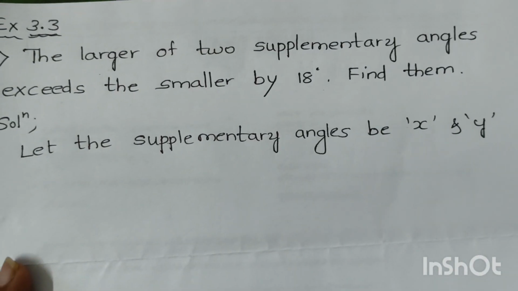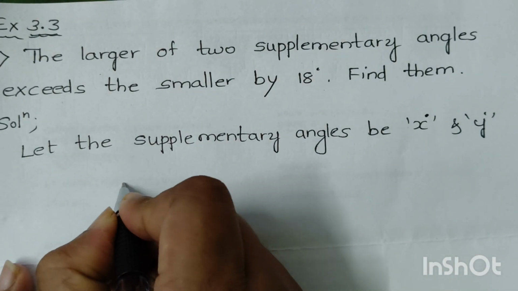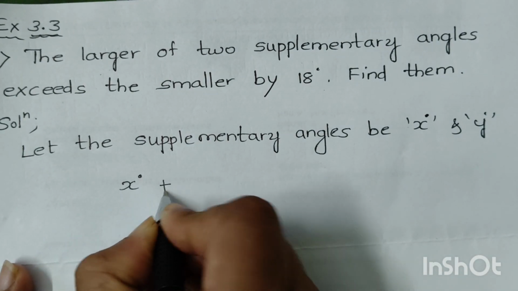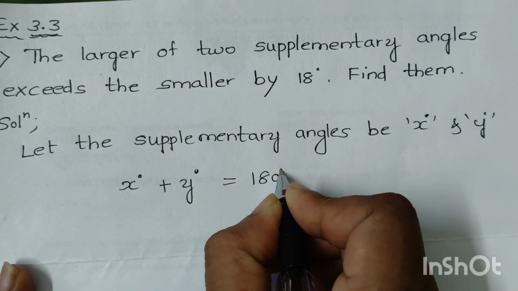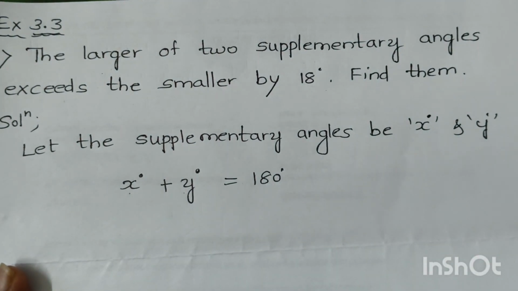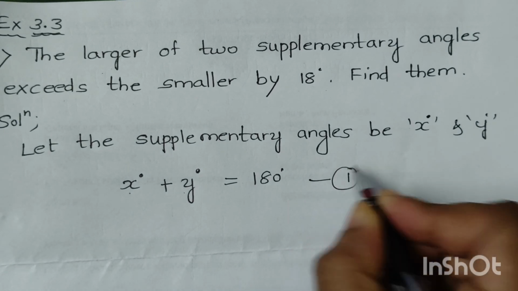Since these two are supplementary angles, we can write x degrees plus y degrees will definitely be 180 degrees, because these two are supplementary angles. Let us consider this as equation 1.